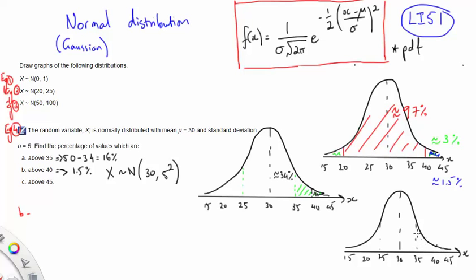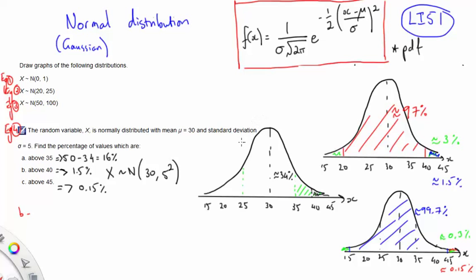Right. So we want above 45. Well, we know that from here to here, that's approximately 99.7%. So outside of that, that's approximately 0.3%, but we only want half of that because we want to be above 45. So that's approximately 0.15%.